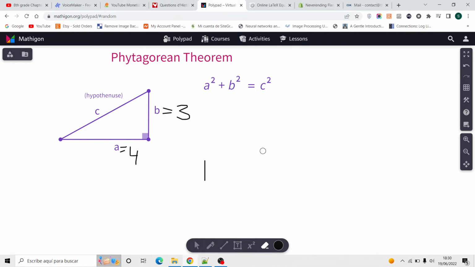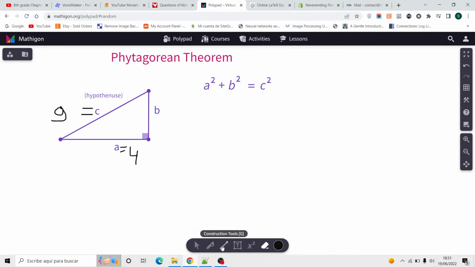Let's say that here we have C, the hypotenuse, equals, for example, let's say, let's say 9. And let's say that we don't know b, the value of b. Okay.